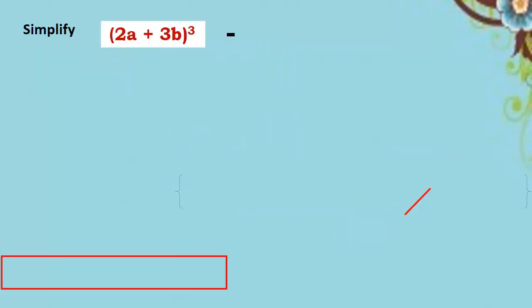Now simplify. 2a plus 3b the whole cube minus 2a minus 3b the whole cube. Sometimes students solve both the brackets. Don't make that mistake. Observe them. They have the same terms 2a and 3b, only the sign is different. So we consider 2a plus 3b as x and 2a minus 3b as y.